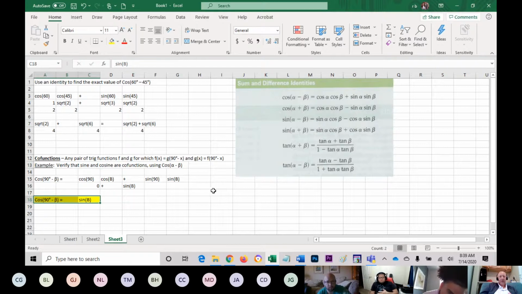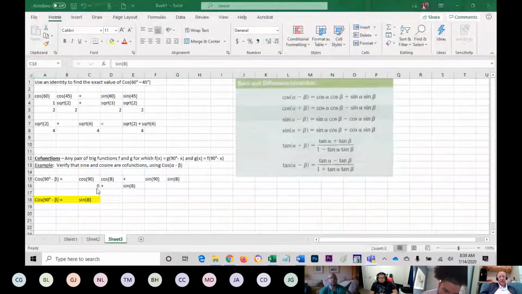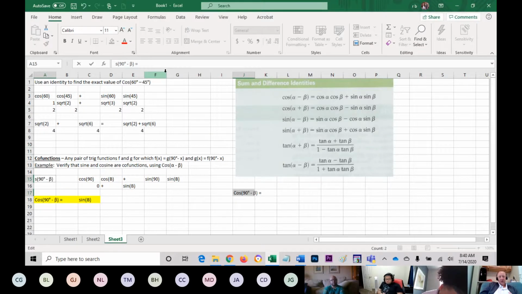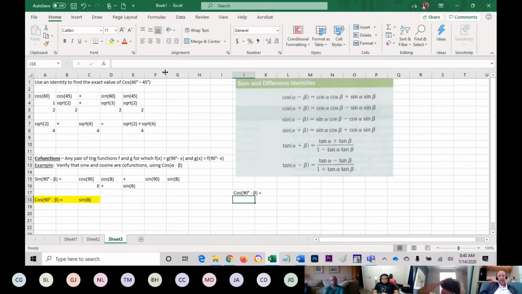Now we're going to do the same thing, here, I'll just copy this because it's here. We're going to do the same thing with the sine. We're going to show that this, what happened?